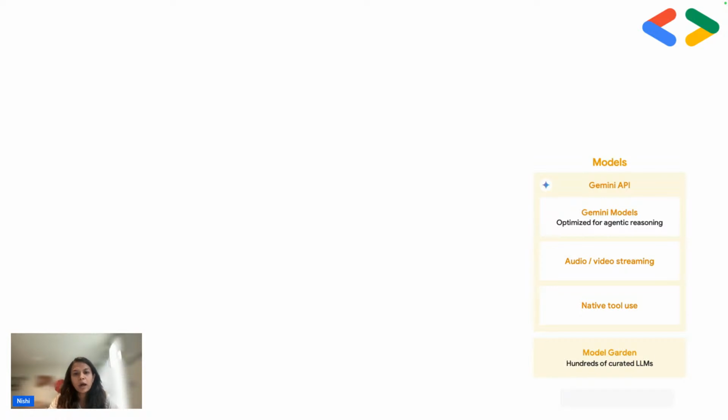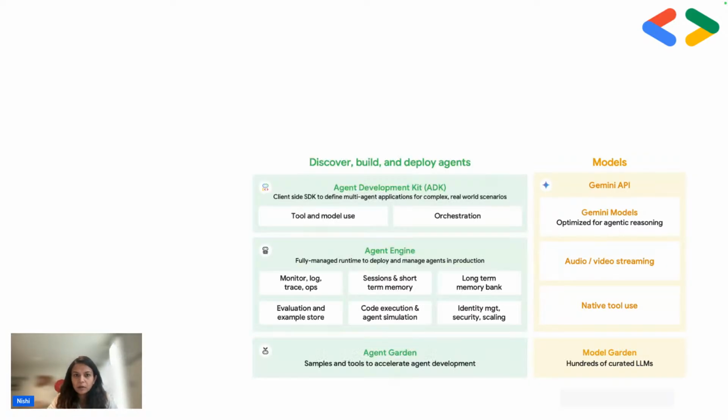Then you have a model garden where you can explore models available either via Google and also via other model providers like Claude, OpenAI, etc. Then we have Agent Development Kit.